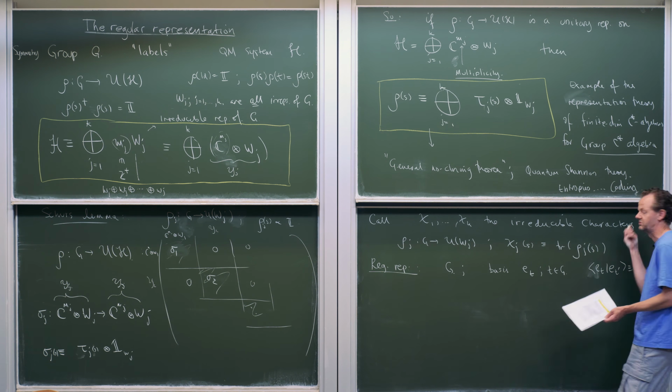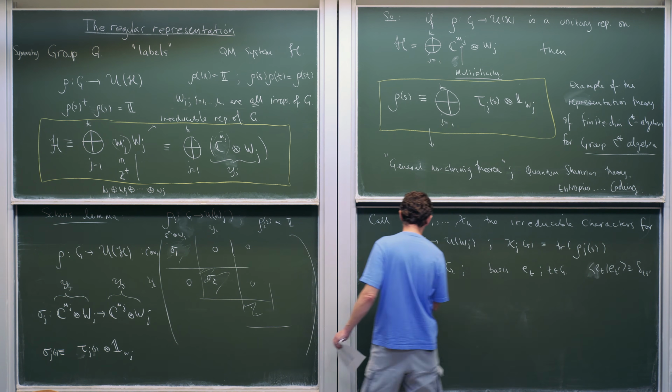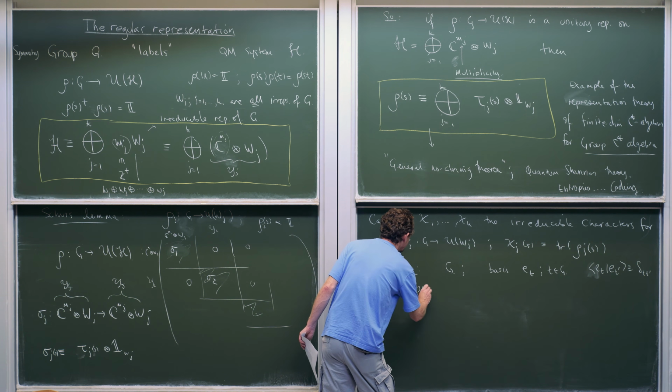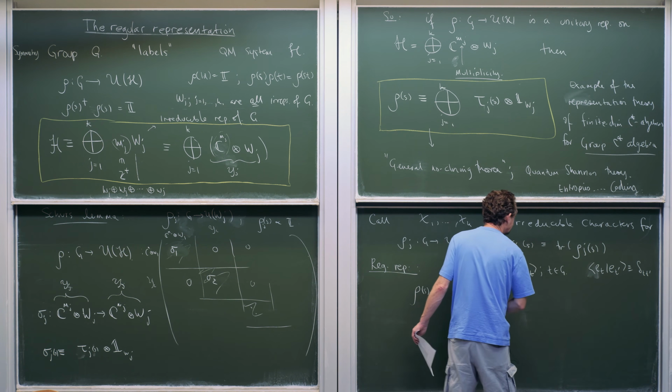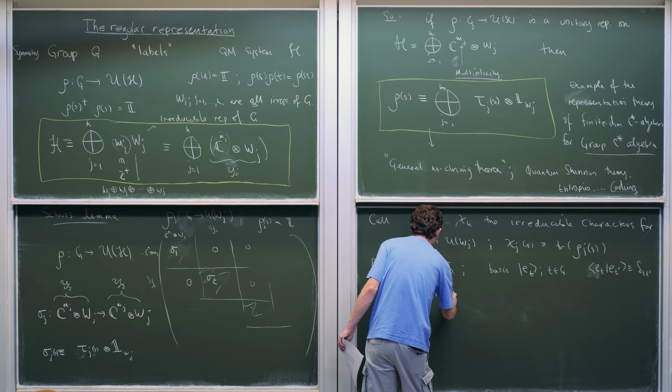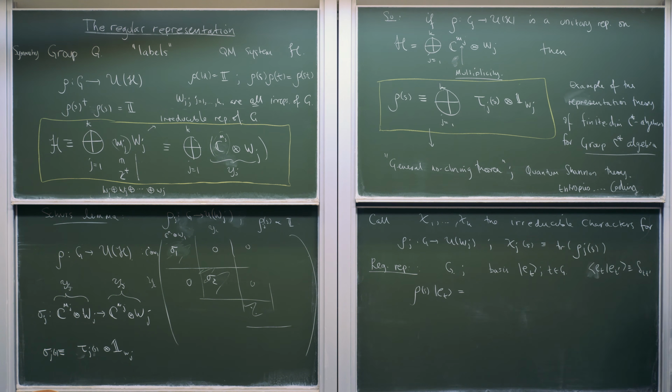Okay, I'll just do that. And then how does the regular representation act? Well, if you apply it to one of these basis kets, then you get another basis ket, namely the one associated to st.